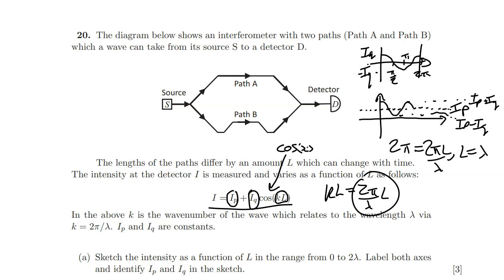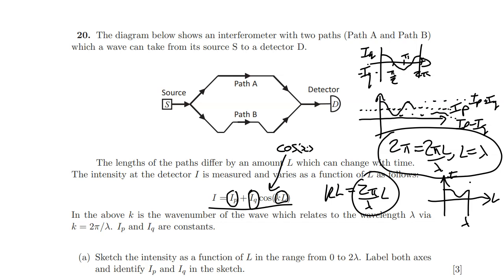Okay, so what am I trying to say there? I'm trying to say that when we plot the graph of I against L, when we have our one cycle, that will be lambda. And that's what I've worked out here. So apologies, this is getting extremely messy. The question asks us for 2 lambda.